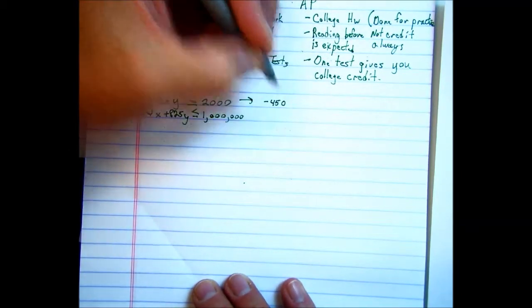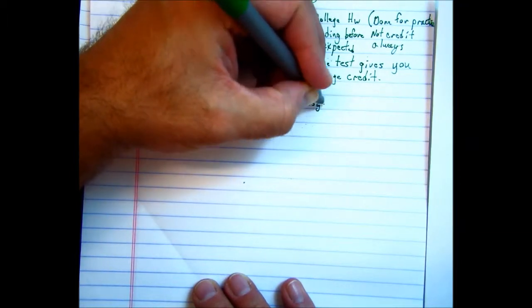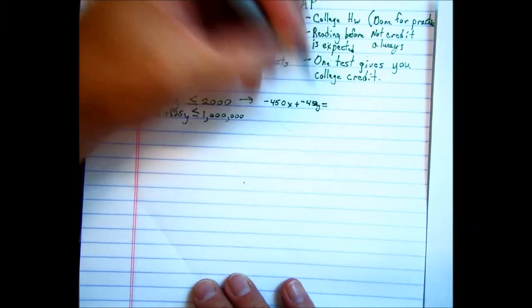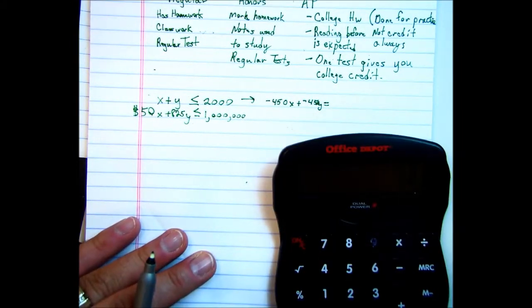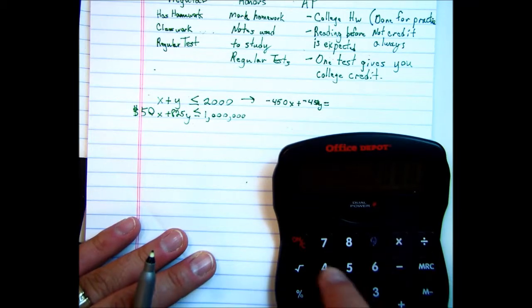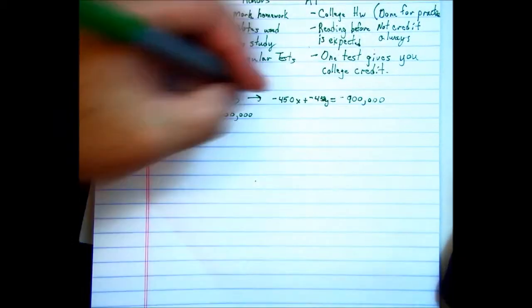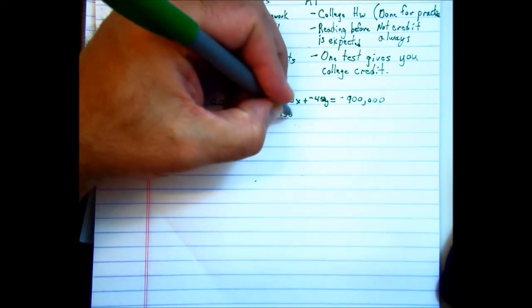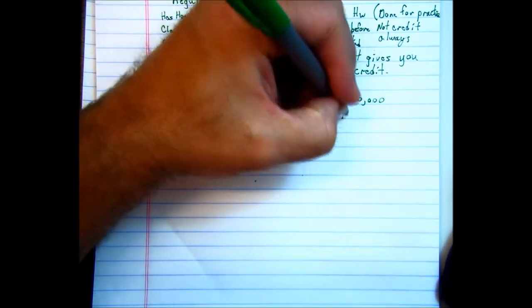So negative 450x plus negative 450y equals negative 900,000. This line was 450x plus 825y equals 1 million.